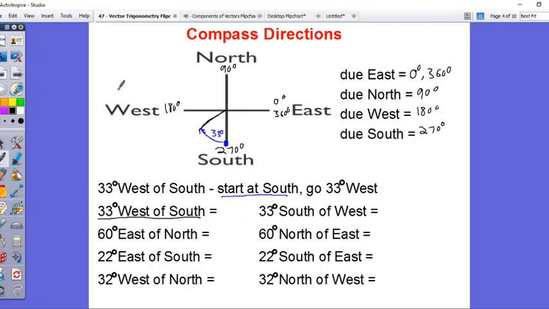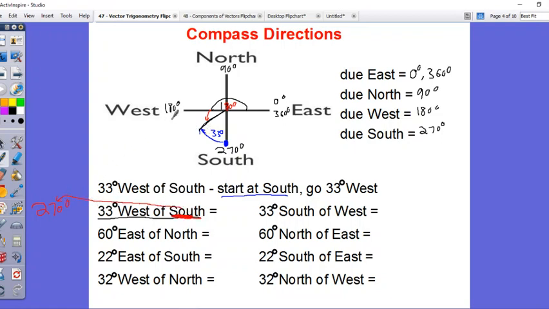And this angle, remember, that's 180 right there. And then we're going to add an extra value to get right here. So you can do 180 plus this value, or you can just do 270 minus 33. That's what we're going to do. 270 is our angle value from south.